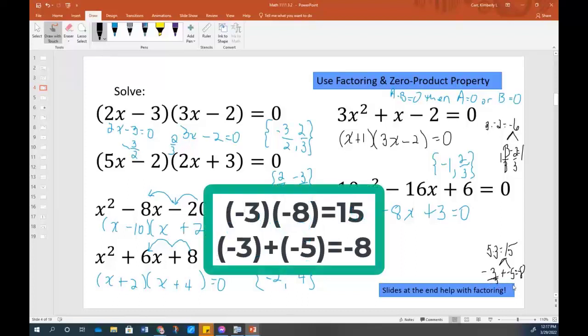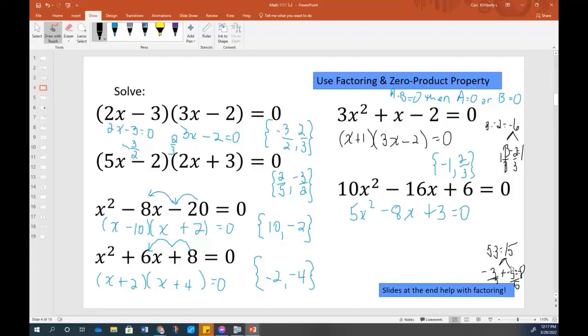I need to put them both over my first number and reduce, which makes that second one there negative 1. So now for my parentheses, the bottom number comes up to the front. I have 5x minus 3, which I'm getting from this negative 3 over 5. And then the next one is just a minus 1, so there's nothing that I need to swing up to the front, so it's x minus 1.